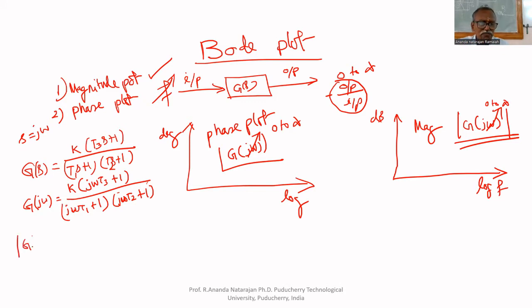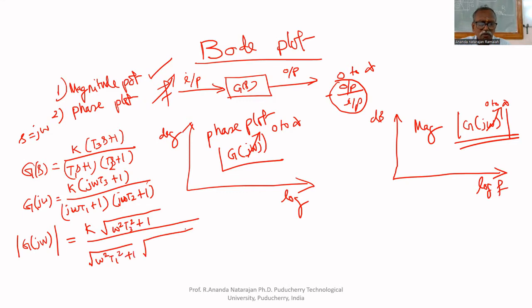Modulus of G of j omega, as omega varies from 0 to infinity: modulus of K is K. The modulus of this value is square root of imaginary part square plus real part square divided by square root of imaginary part square plus 1, square root of imaginary part square plus 1.